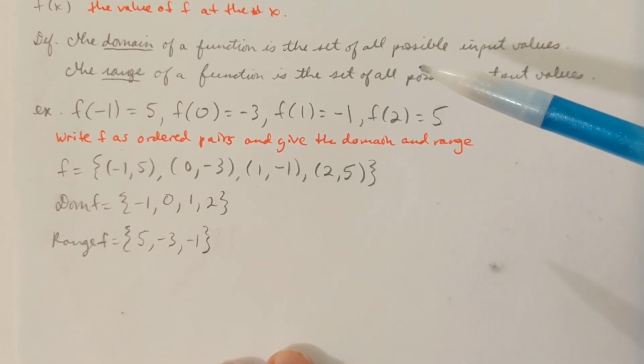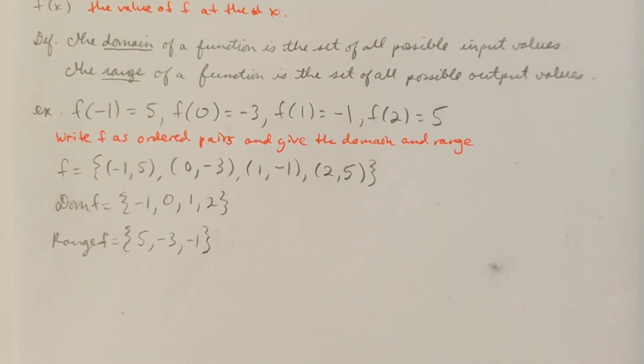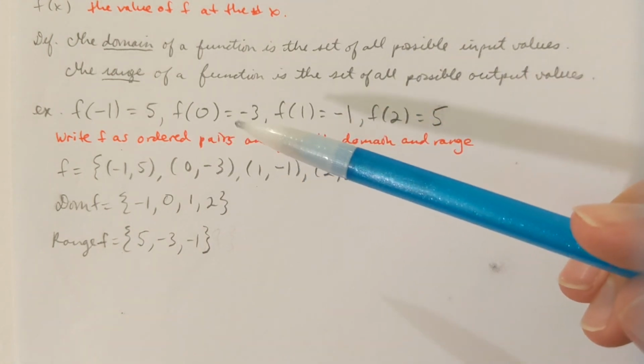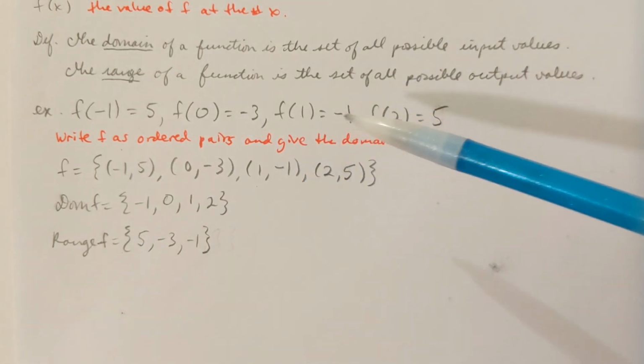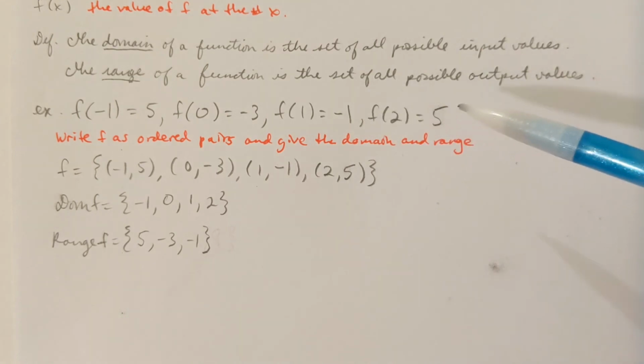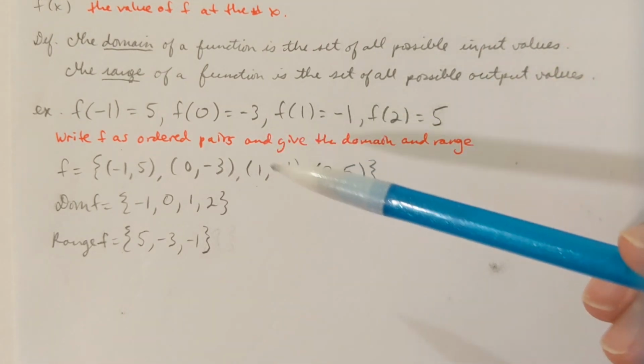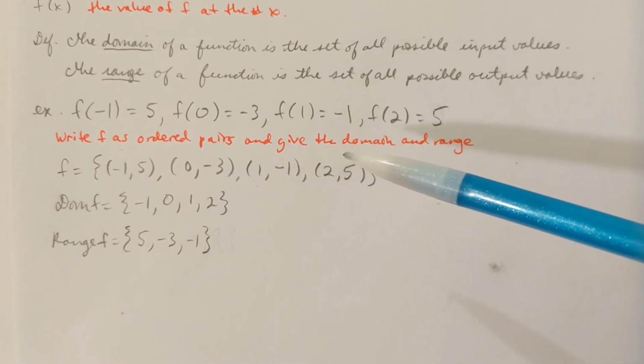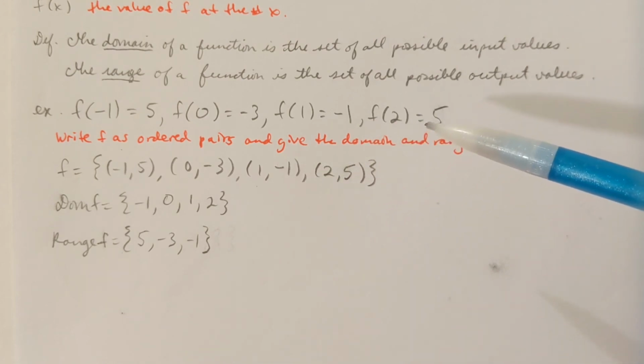For example, suppose that we have a set of points, and f of -1 is 5, f of 0 is -3, f of 1 is -1, f of 2 is 5. Write f as ordered pairs and give the domain and range.